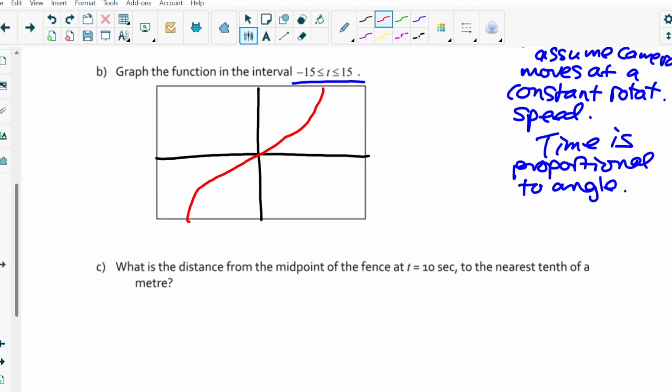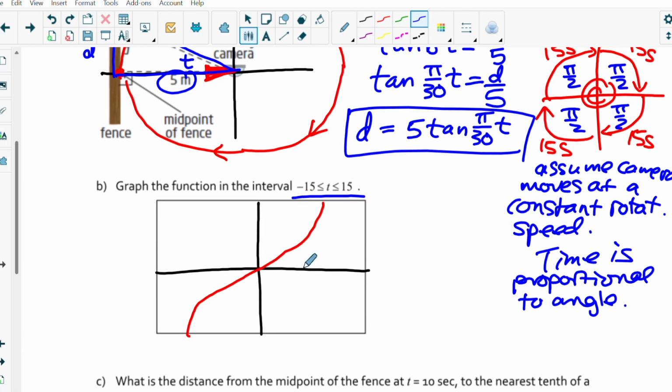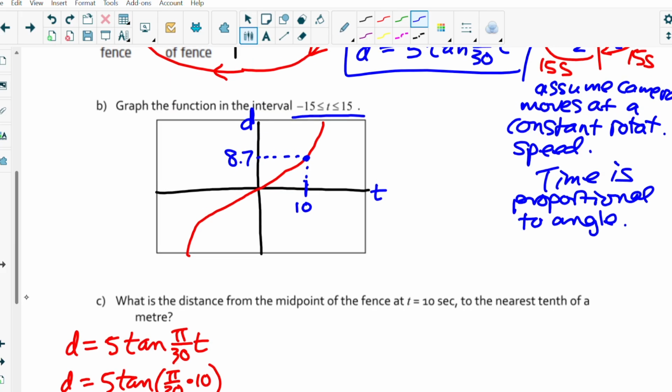So when I look at this, folks, d equals 5 tangent of pi over 30 t at 10 seconds. I get a d value of 8.7 meters. So let's map that on here. Roughly about here, 10 seconds. So this is t, this is d. This is 8.7 meters. So that's that value there.